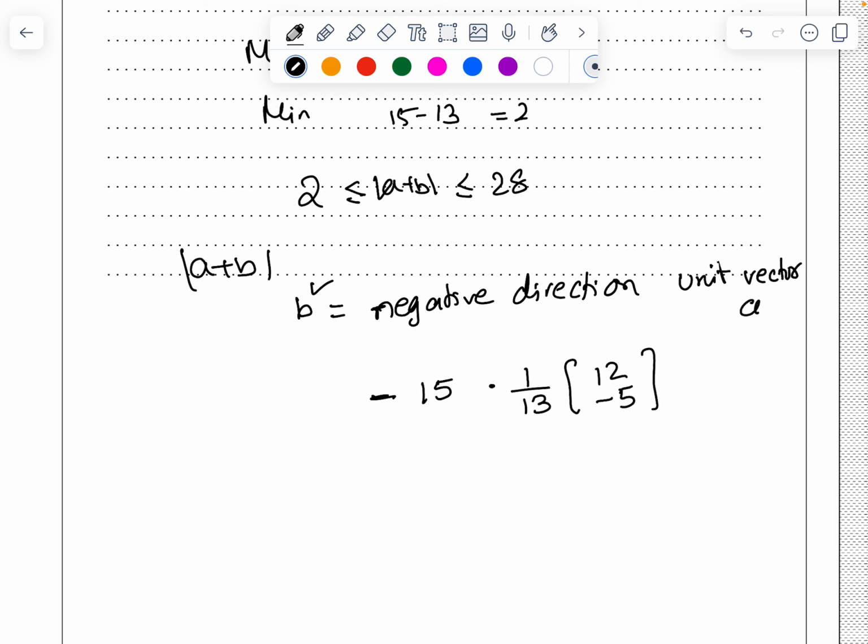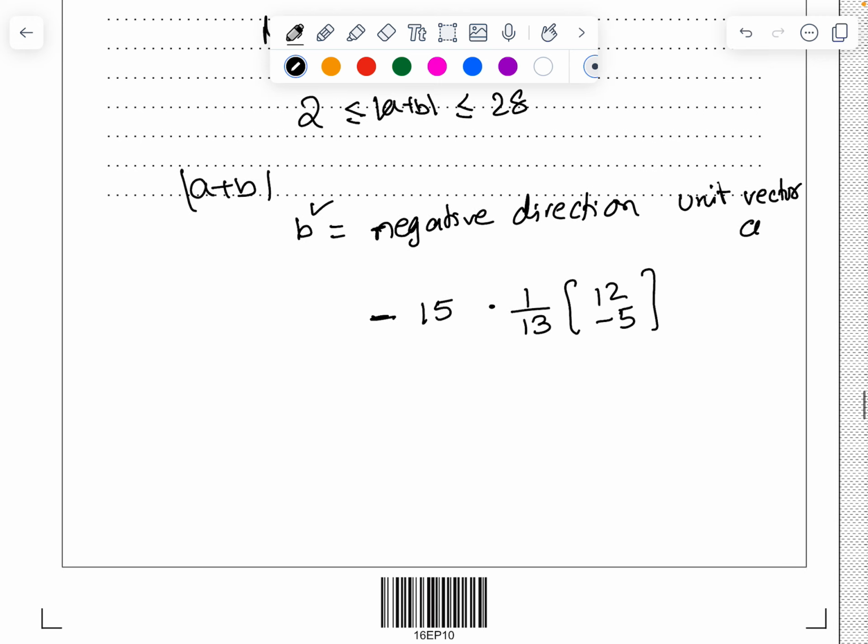Then only A is in one direction and B is in the negative direction, therefore they give the minimum value. So B is in the negative direction of unit vector A.